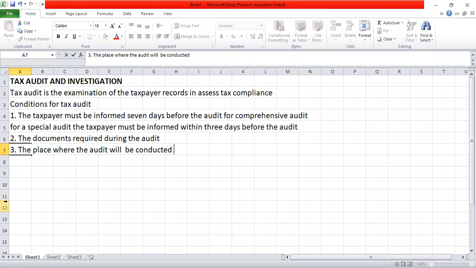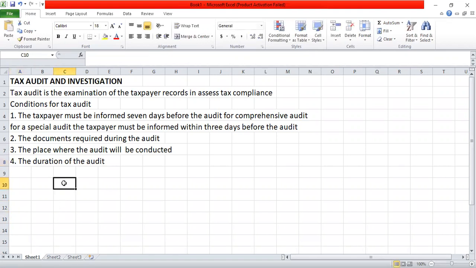You need to inform the taxpayer which of the branches is going to be audited. The duration of the audit, how long will the audit take? That is also very important information to tell the taxpayer.